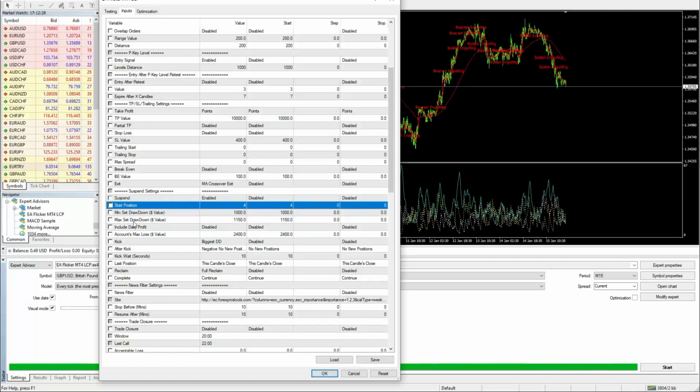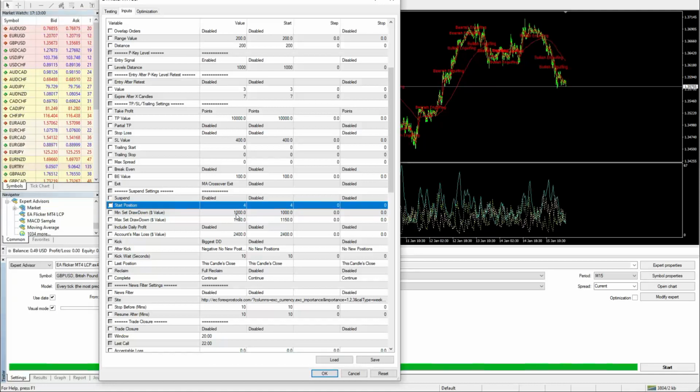Give it a range whereby you allow drawdown to hit in a certain range before it starts taking the next measure to control your account's losses. So I'm using these figures based on FTMO's 25k challenge, whereby the maximum drawdown per day is 1250.